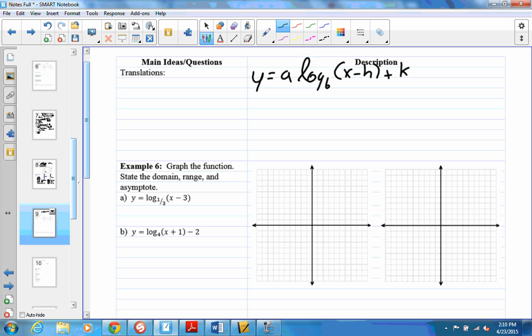Before, on exponential, we were really worried about k, because I had a horizontal asymptote, and like a +3 would move my asymptote up 3, right? A -5 would move it down 5. Now I'm more concerned with h, because I have a vertical asymptote, which means it moves left and right, right?